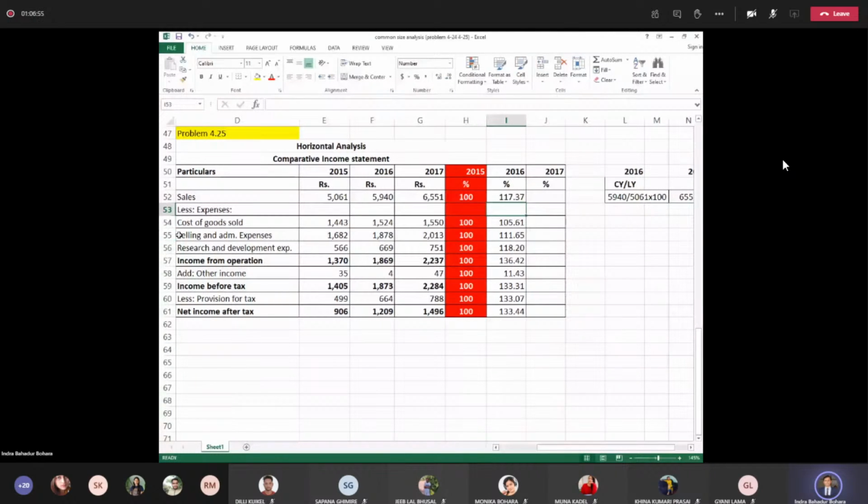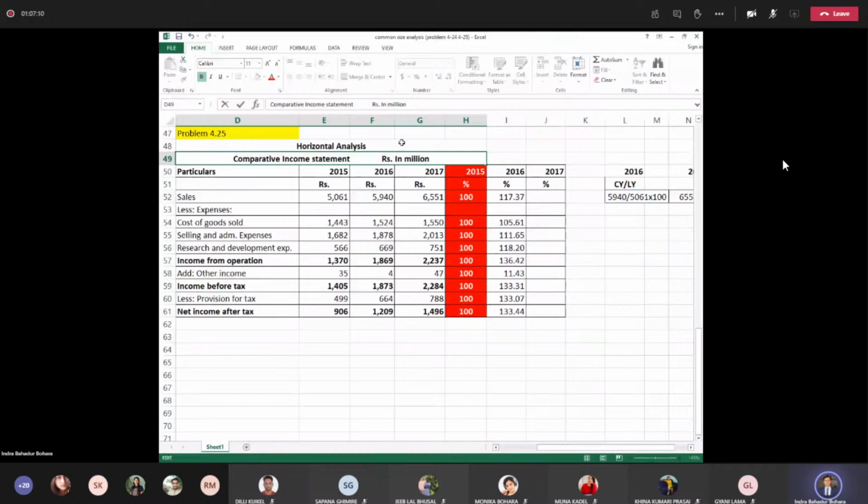It is 1,550. The data are in million. You write down on the top rupees in million. RS, rupees in million.